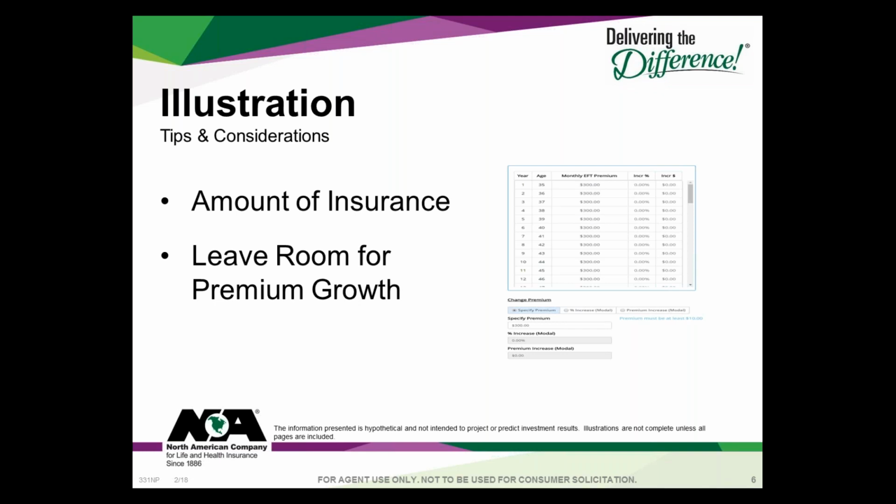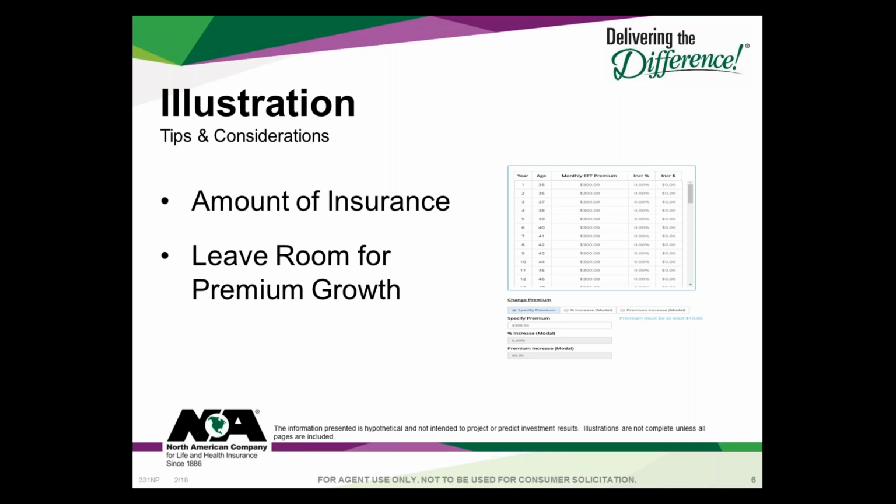And then run another illustration saying, if you put a little bit of premium increases in here, maybe it's a percentage, maybe it's just a random dollar amount, here's a type of income stream that you could get. And they'll see a much larger number. And it's a very easy sale because you're not asking for more money today. You're not committing them to anything, but you're showing them a possibility.